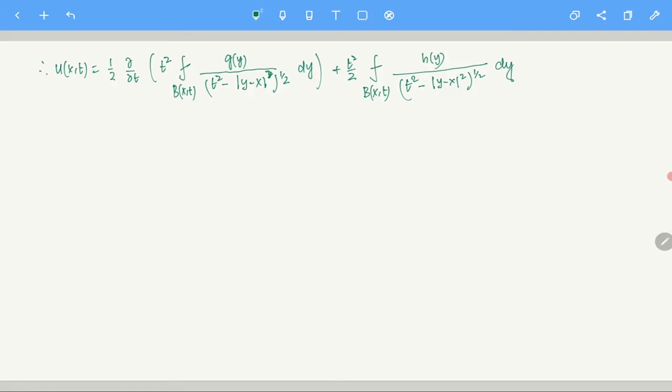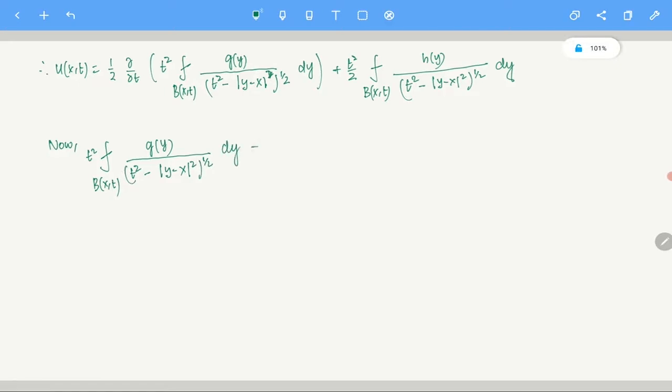Okay, now see this t square, the average on bxt of g of y by t square minus mod y minus x square, whole power half dy.